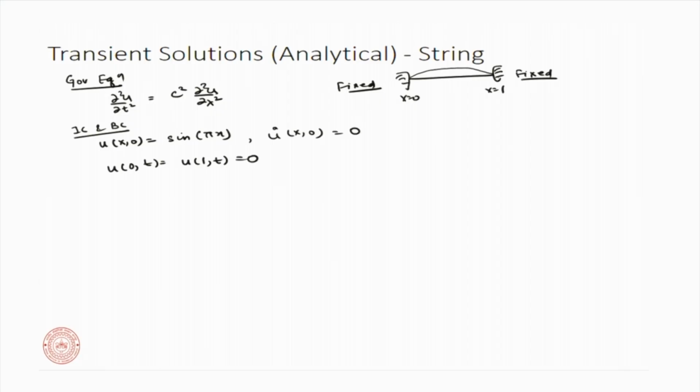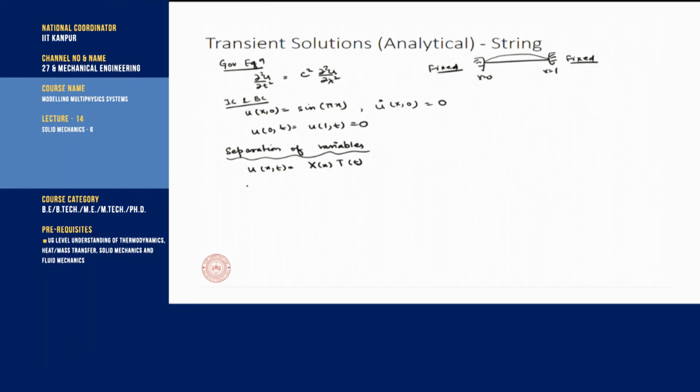All right. Now, to solve this, we follow the same old strategy of separation of variables. So we say that u of x comma t is X of x times T of t. We substitute this into our governing equation.